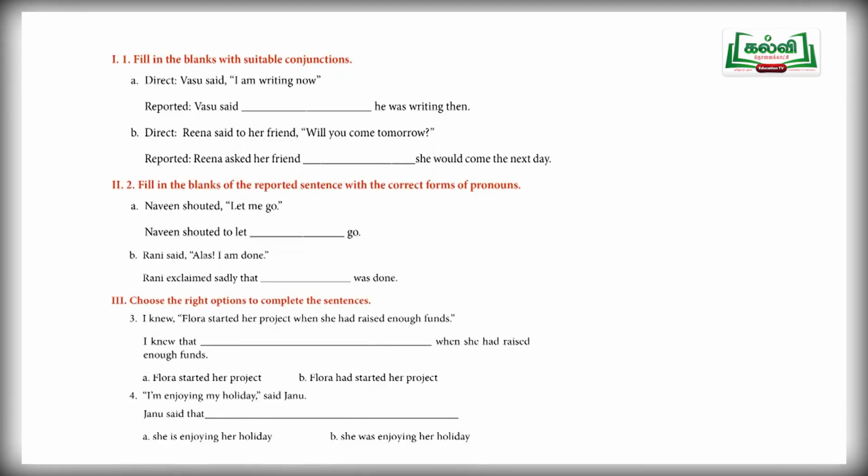First: Flora started her project. Second: Flora had started her project. Which is correct? Yes, B is correct. Then the fourth one: "I am enjoying my holiday," said Janu. Janu said that she is enjoying her holiday, or she was enjoying her holiday. Which one is correct? Yes, B is correct.